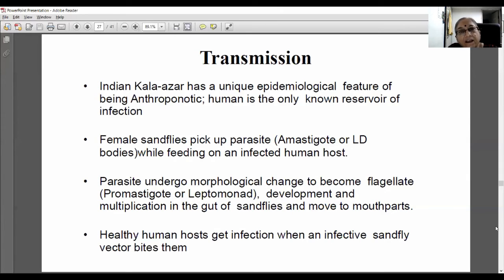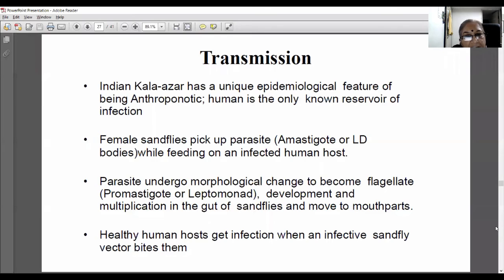Indian Kala Azar has a unique epidemiological feature of being anthroponotic. Human is the only reservoir of the infection. Female sandflies pick up parasites, that is, amastigotes or Leishman bodies, while feeding on the infected human host.